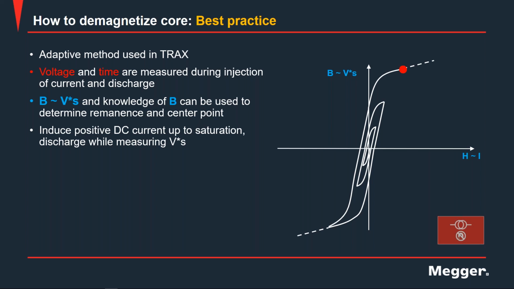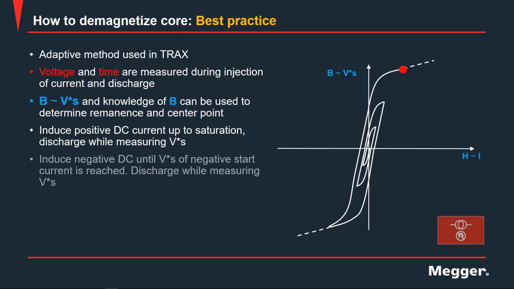So anyways, getting back, if we look at volt seconds and the knowledge of the flux density to determine the remnants and center point, we will induce positive DC up to saturation, and then we will discharge while monitoring the volt seconds. From there, we will induce negative DC until the volt seconds of the negative start current is reached. So we will measure the time up to here and inject the same down here.